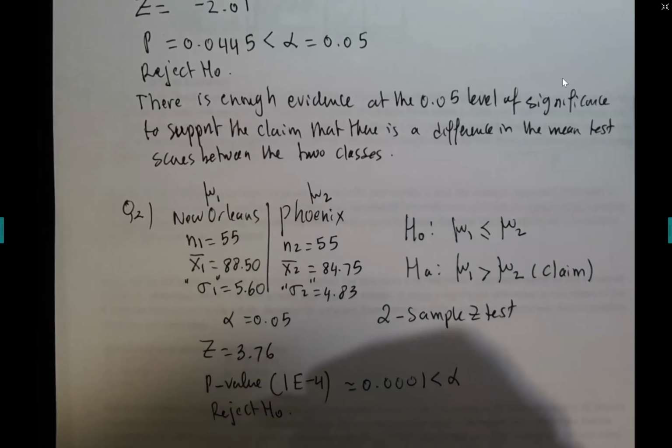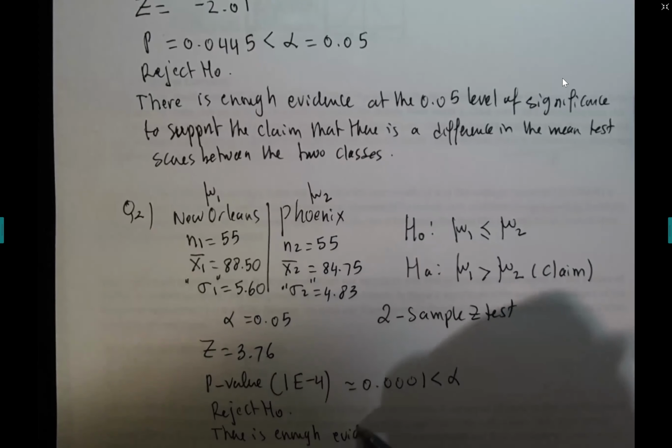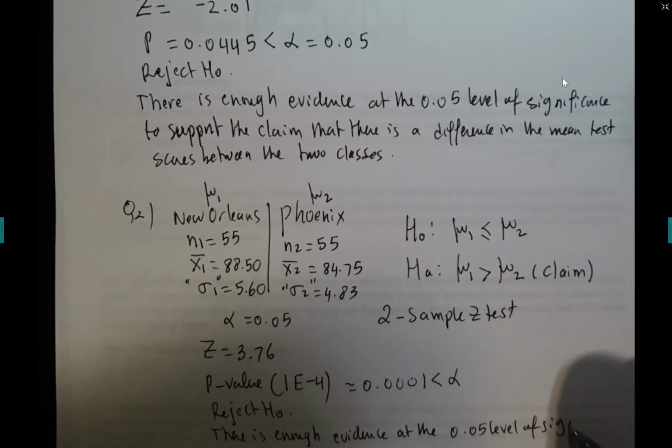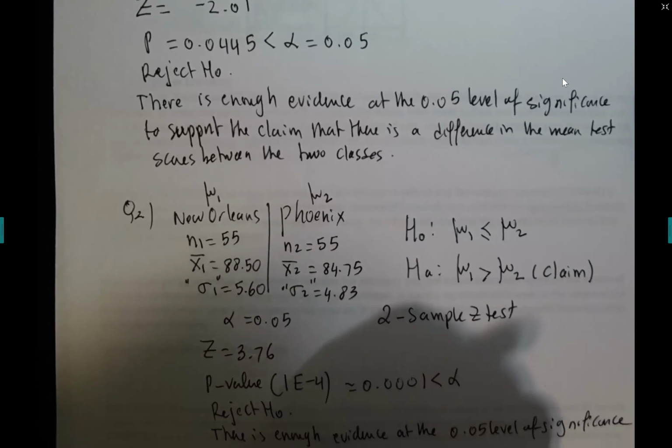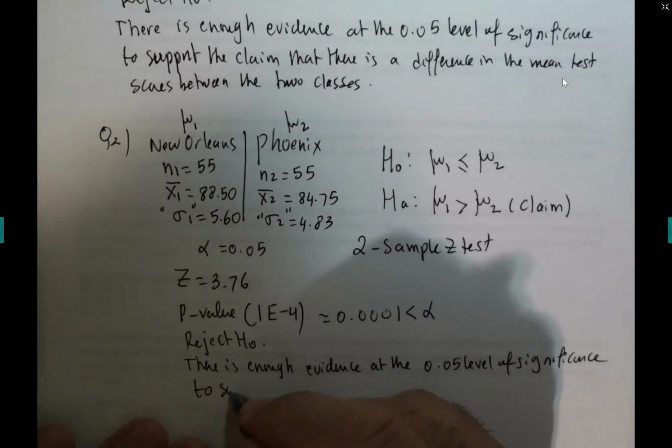And the conclusion: there is enough evidence at the 0.05 level of significance. We have enough evidence to what, guys? To support the claim, exactly.